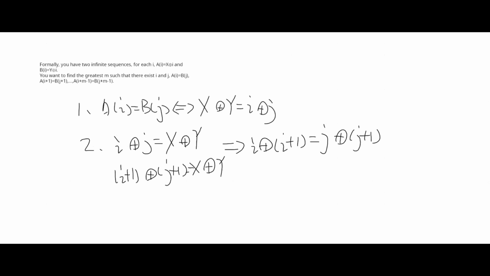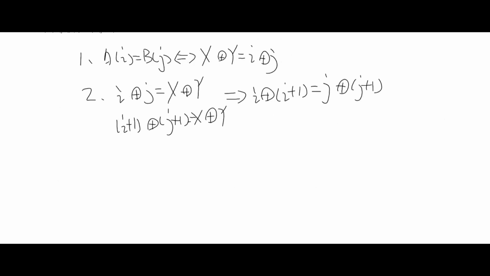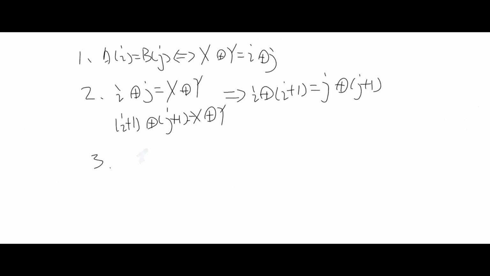Now, let's look at the third step. What exactly is I XOR I plus 1? It is actually 2 to the k plus 1 power minus 1, where k is the low bit of I plus 1.